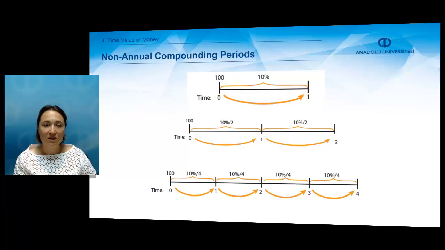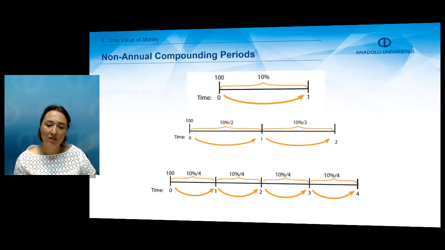If we talk about 3 months, then we have four 3-month periods in 1 year. So we have to divide this annual interest rate 10% by 4, and we reach 2.5%. This is the period's interest rate. The 3 months interest rate is 2.5%, the 6 months interest rate is 5%, and 1 year's interest rate is 10%.